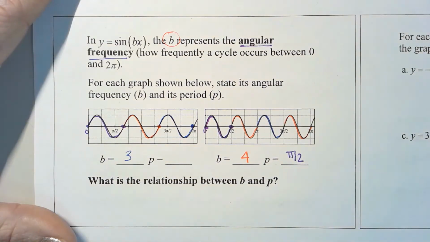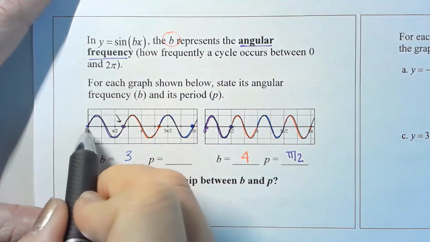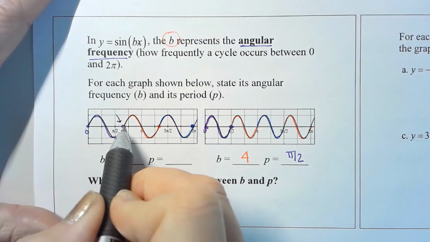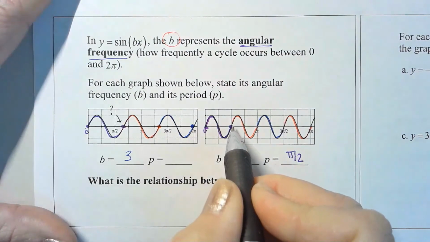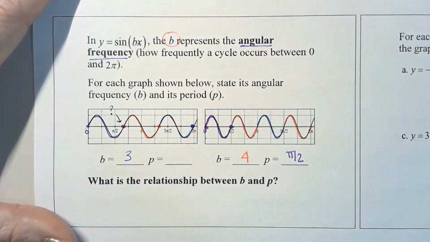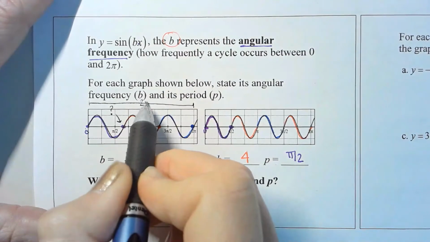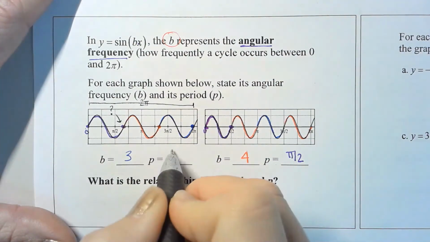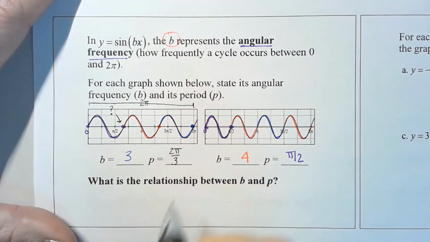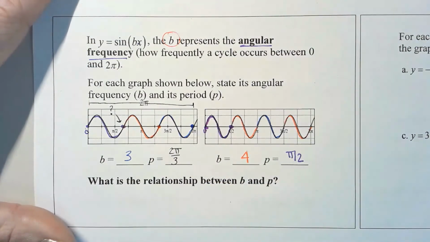In terms of the period length, that's a little bit trickier because this purple graph sits between 0 and this, I don't know what that number is, right? It's not as straightforward as this one where we saw where it ended. But remember, this whole length of this graph is 2 pi, and we've cut it into 3 equal pieces. So the length of each one is 2 pi divided by 3.